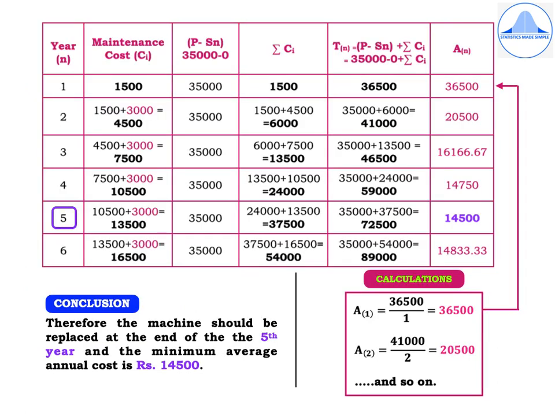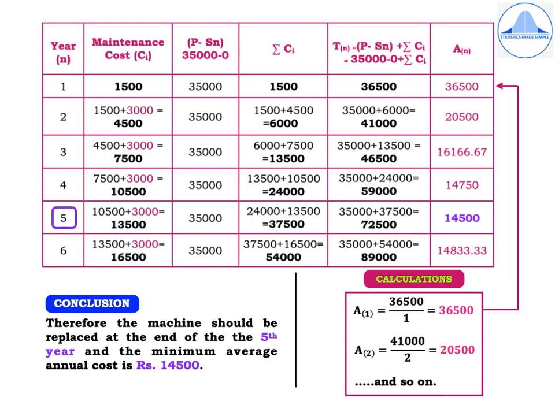So forming the table, in the first column we have the year, denoted by n. Write 1, 2, 3, 4, 5, 6, because they have mentioned that the operating cost for the first year is 1,500 and increases by rupees 3,000 for the next 5 years, which means the total number of years for this problem is 6. Next column is the maintenance cost, denoted by Ci.